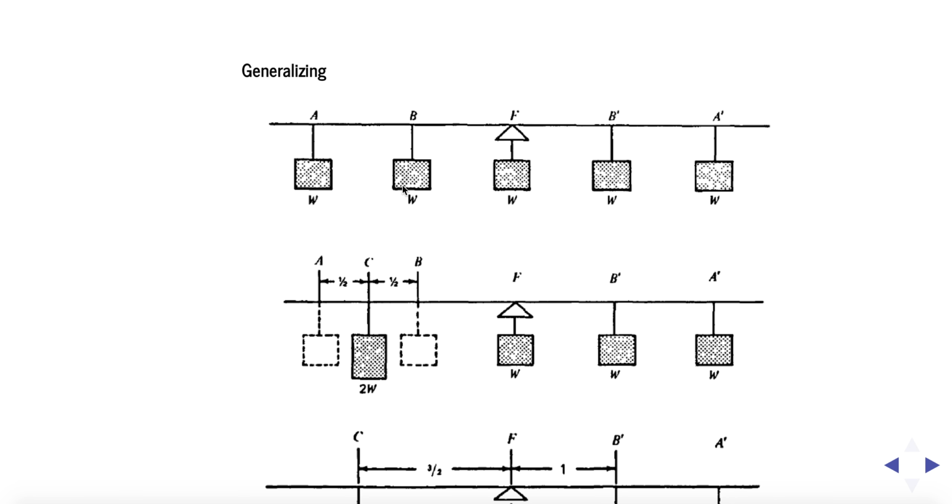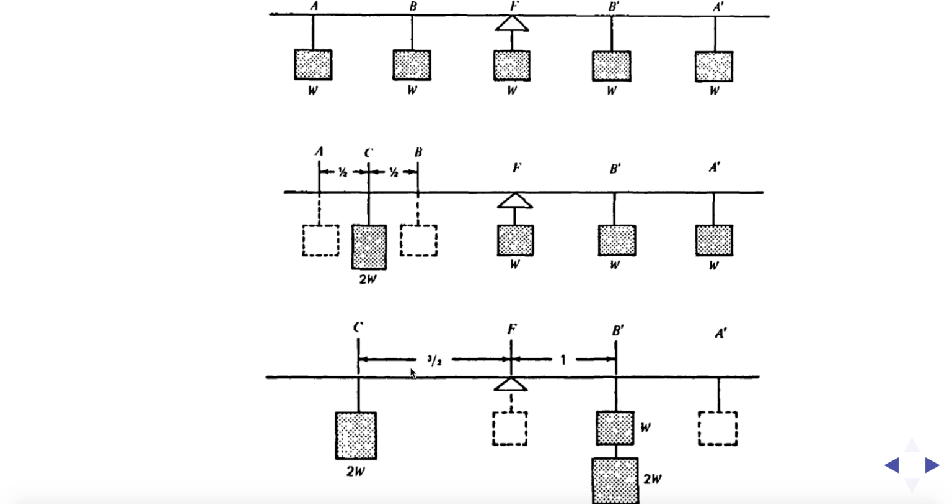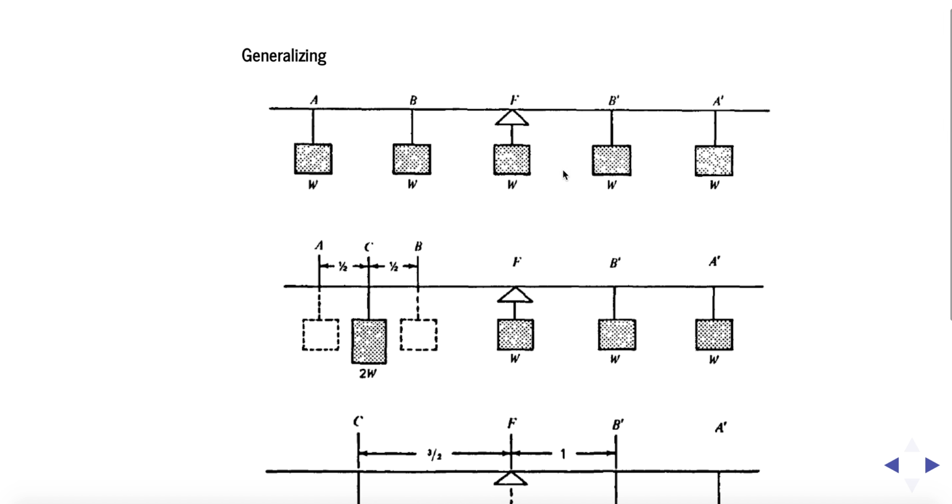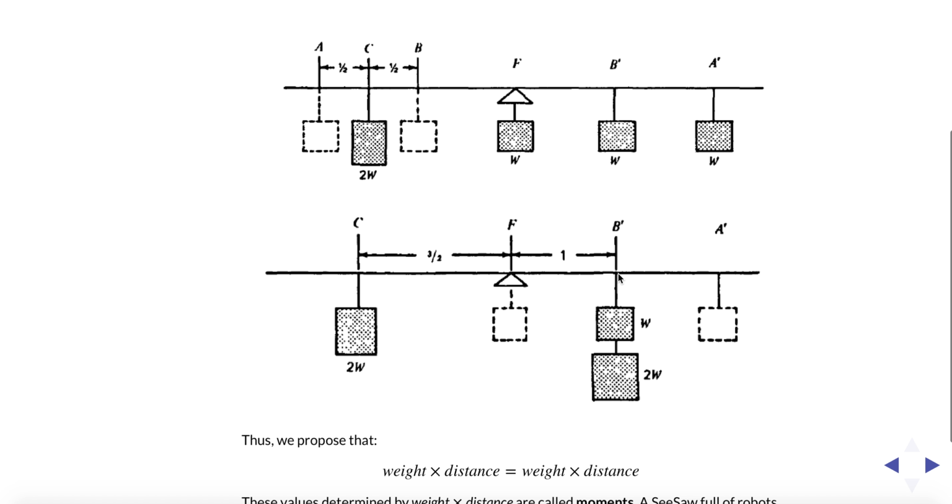We can start applying that rule. These two weights here at A and B, we can put together at the middle, and it should remain balanced. So now instead of a weight at 1 and a weight at 2, we have two weights at 1.5 or 3/2. And on the right side, we can put this weight at F and this weight at A prime, both hang them at B, and things will remain unchanged as well.